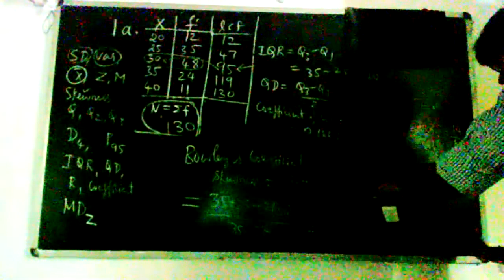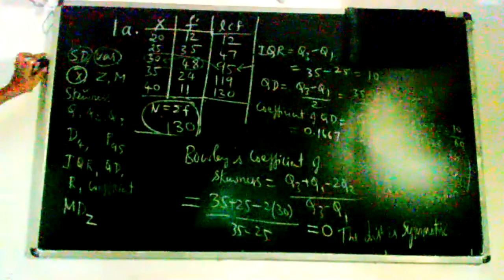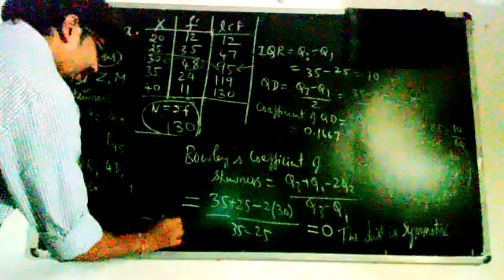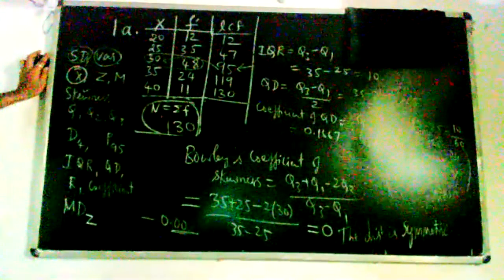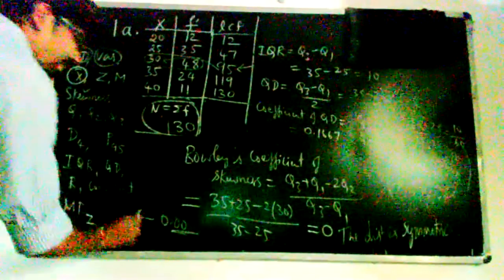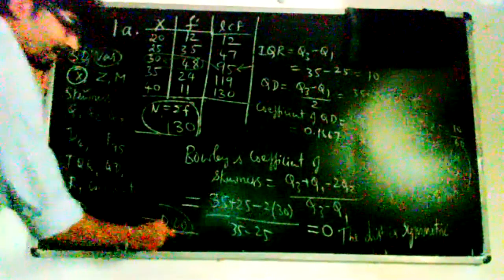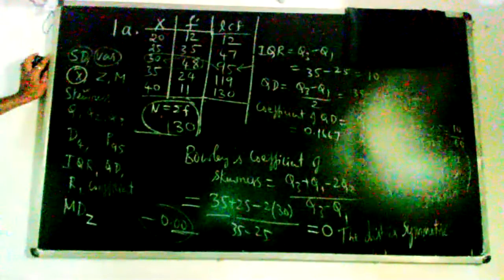But in the case of Karl Pearson, we get a value. If you look into the numerical value of Karl Pearson skewness, it is 0.00 something, so it is also close to 0. This is the reason why we use Bowley's rather than Karl Pearson, because Karl Pearson is much affected by extreme values.